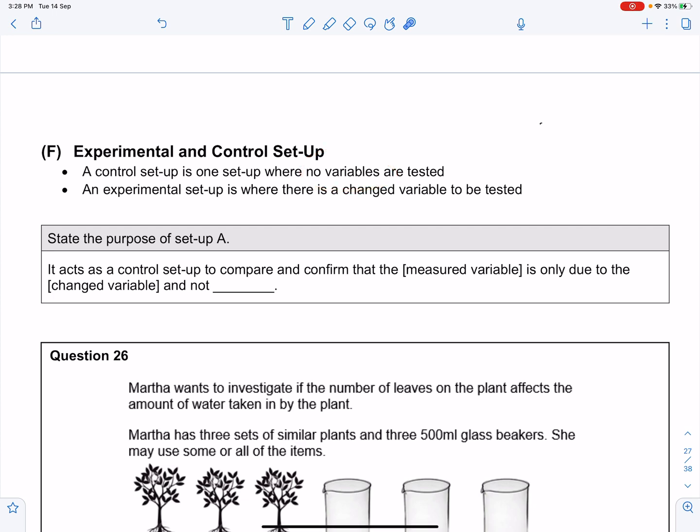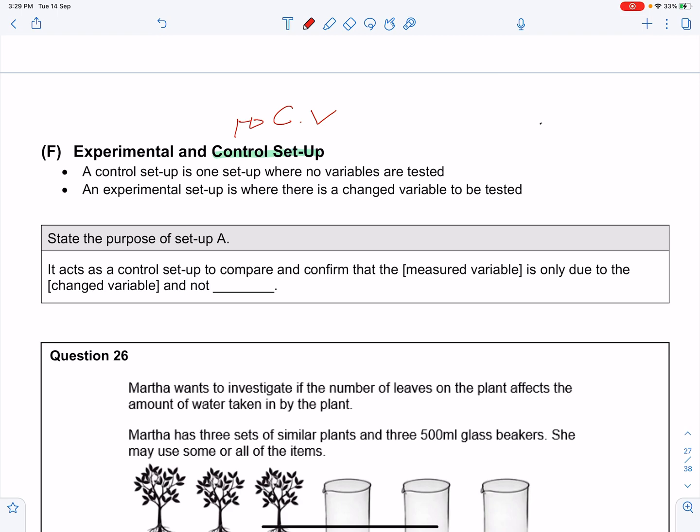So in short, whenever they ask you for a control setup, control stands for CV, change variable. In your control setup, what you need to do is remove away the change variable, and that will be your control setup. Do you remember there was this question that we did from a past year PSLE paper?